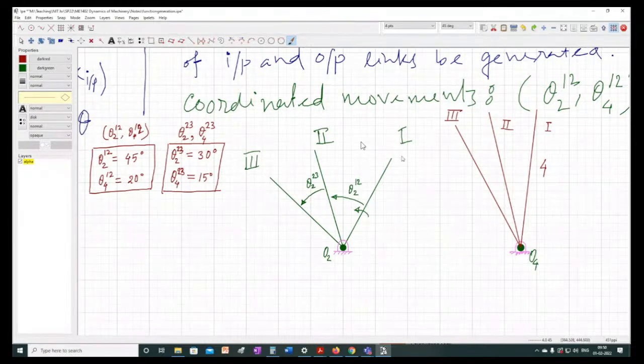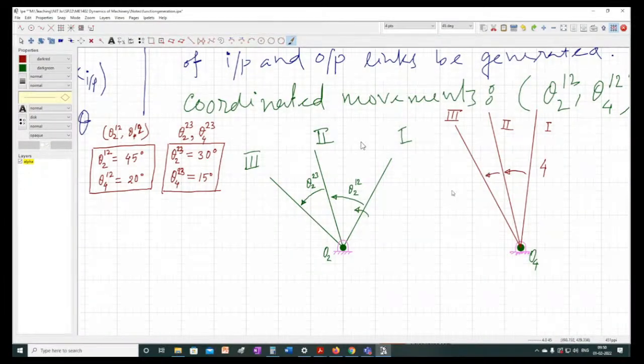Okay, so these three coordinated positions. Now we have to find out where is point A and where is point B, and that's enough for our design, right? O2 and O4 are already given, and two pairs of coordinated movement are given.